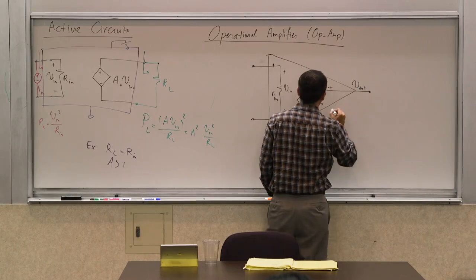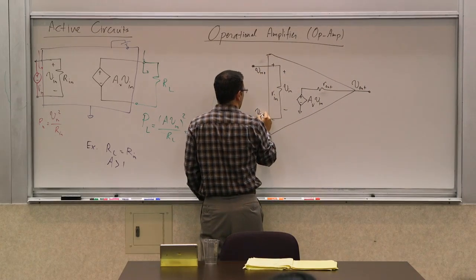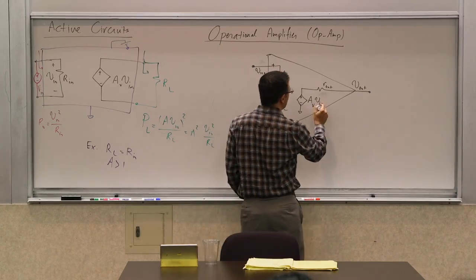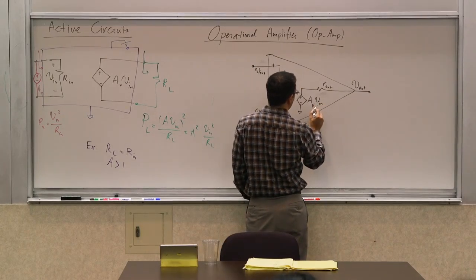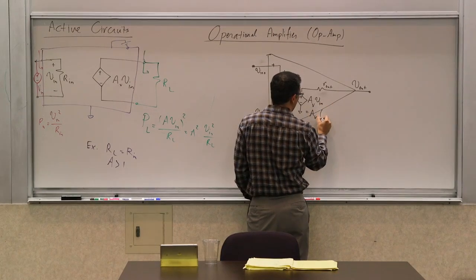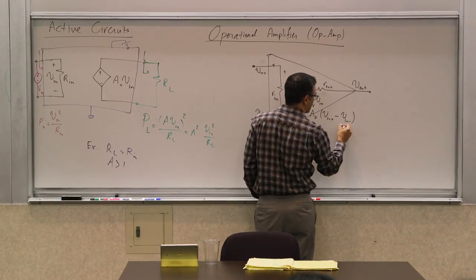This generates V out. And this is sometimes shown as V in plus and V in minus. Another way to write this, and I'm running out of space, is that this is equal to AV times (V in plus minus V in minus).